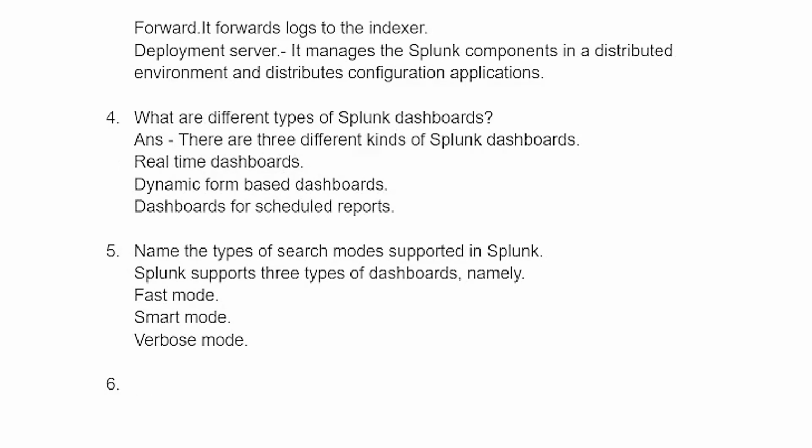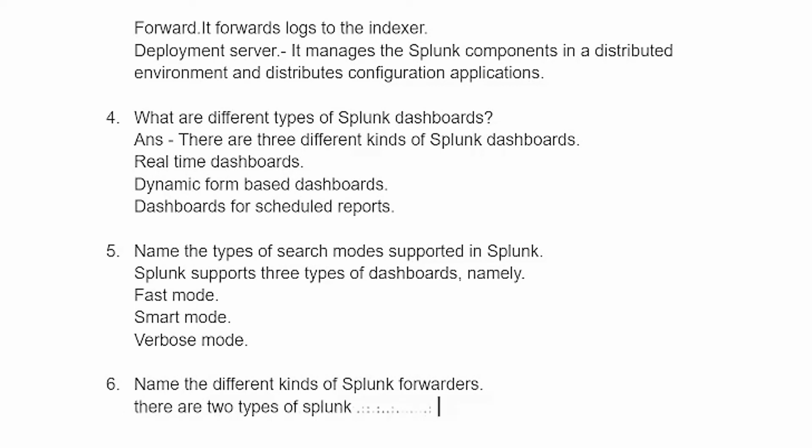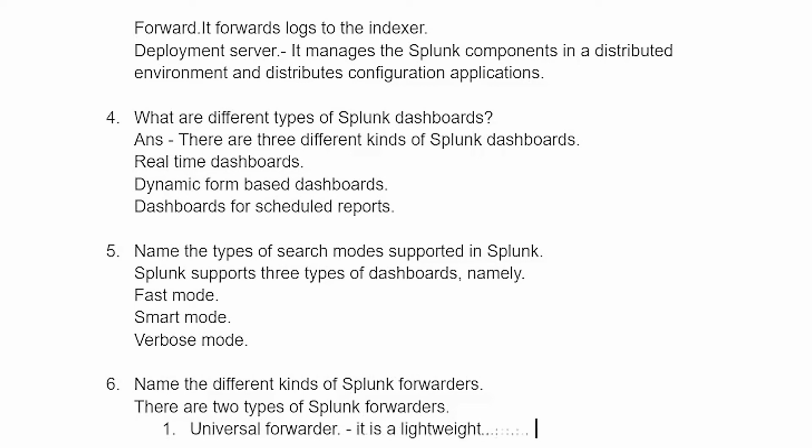Name the different kinds of Splunk forwarders. There are two types of Splunk forwarders. Universal forwarder: it is a lightweight Splunk agent installed on a non-Splunk system to gather data locally, and it cannot parse or index data.